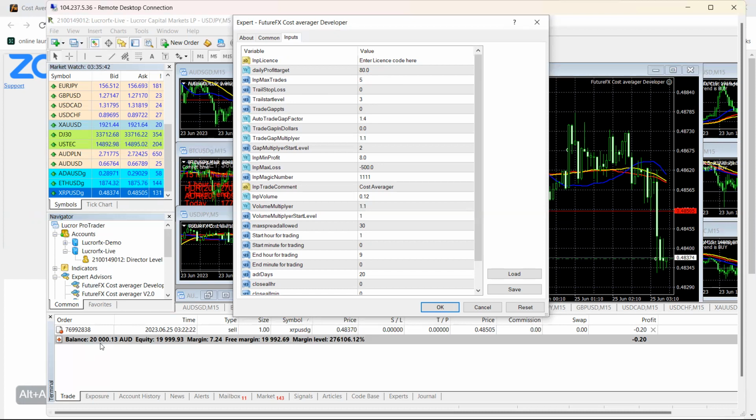So in this case, I've got a $20,000 balance, so my target will be $20,080. And as soon as my equity gets to $20,080, it will close all open trades and it won't open any more until the next morning when a new $80 is added to it, and it will start the process again.